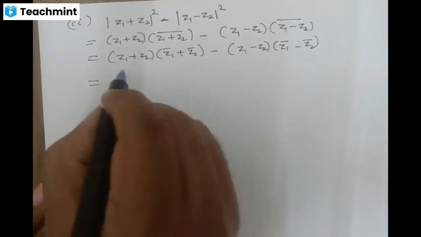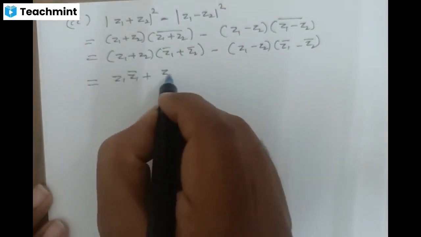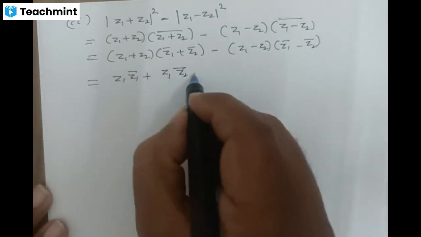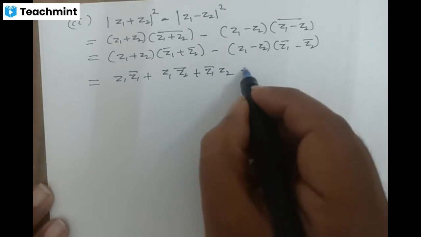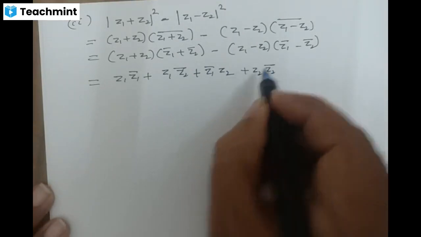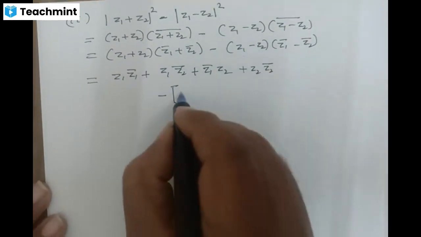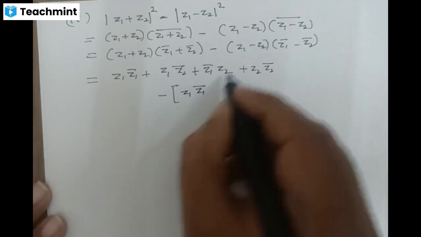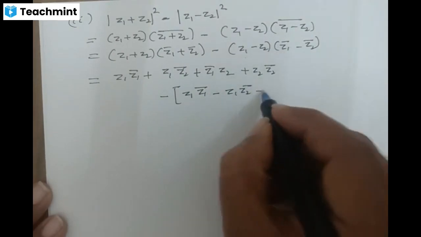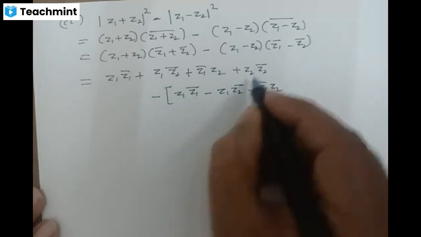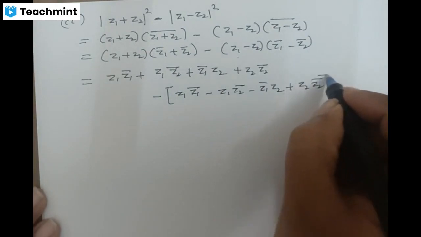So Z1 into Z1 bar plus Z1 Z2 bar, plus Z1 bar into Z2, plus Z2 into Z2 bar. Then I will take the minus and multiply: minus Z1 into Z1 bar, plus Z1 into Z2 bar, plus Z1 bar into Z2, minus Z2 into Z2 bar.